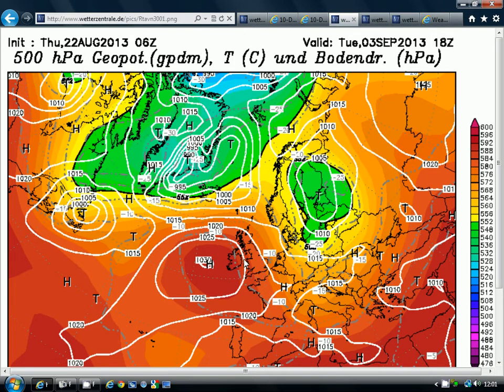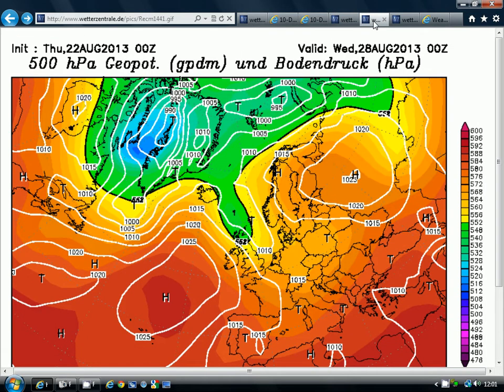It's the same sort of idea, with the high pressure still to the west, but low pressure to the northeast, still bringing down this west to northwesterly flow, which means temperatures probably near normal. It's been quite a warmish August, but as we go into September, a westerly flow will be a little bit on the cooler side, but not cold by any means. So average conditions really continuing into the start of September, not particularly exciting.